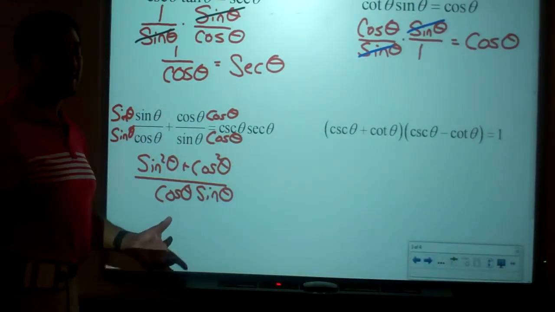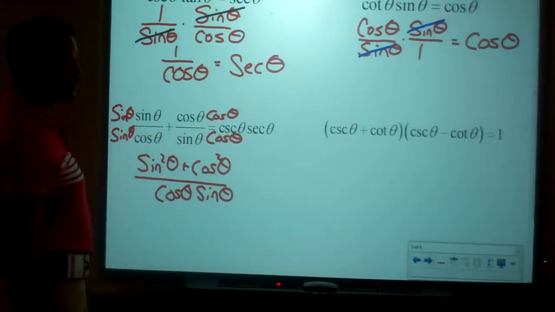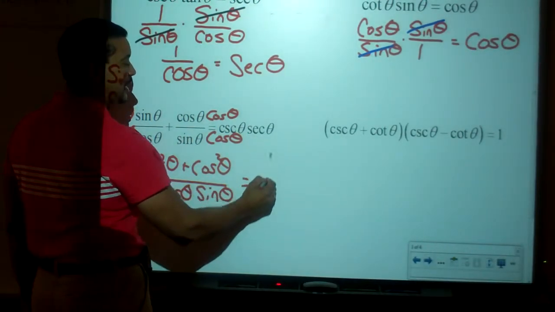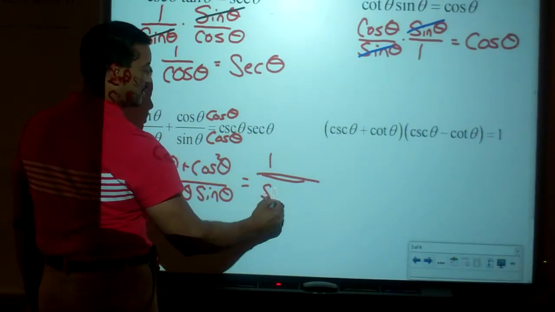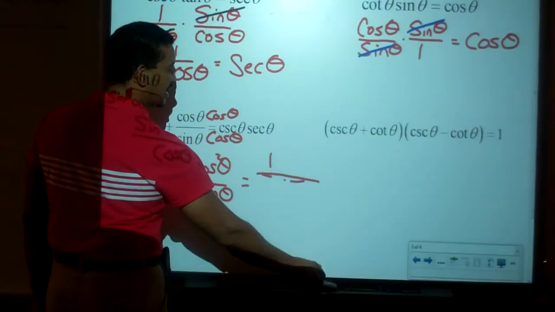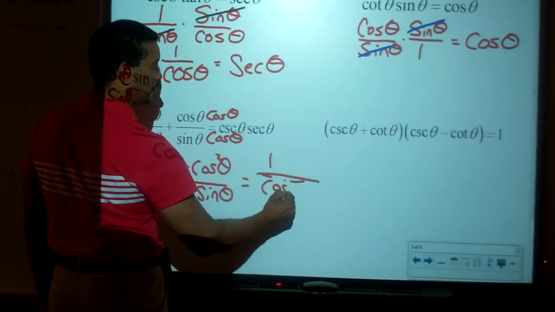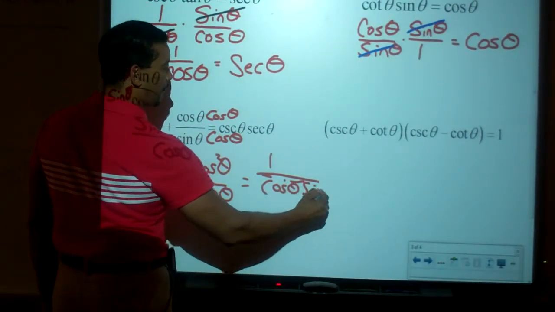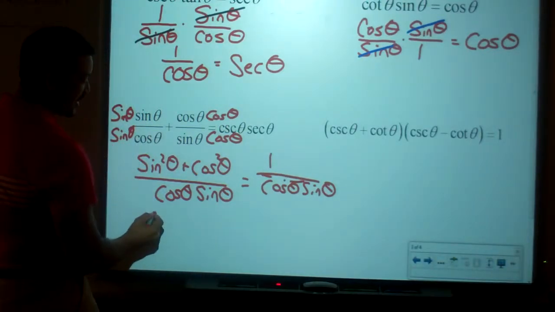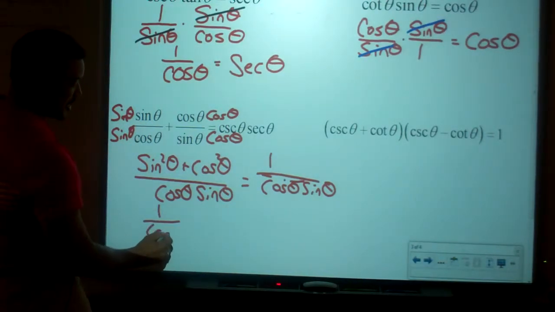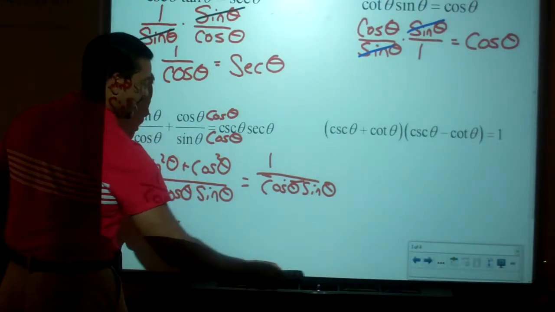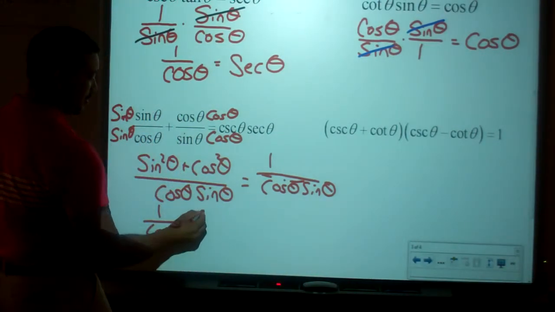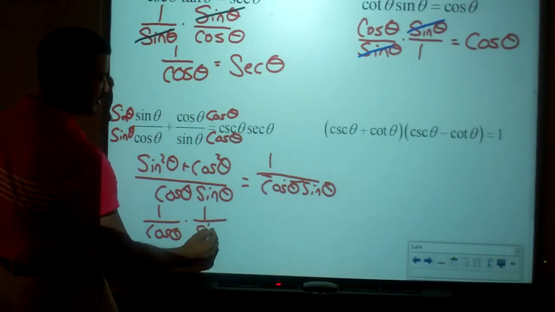Now if you look at your identities, sine squared plus cosine squared is one of your Pythagorean ones, and that just gives you 1. So I've got 1 over cosine theta sine theta. And if we were to separate this, that would be 1 over cosine theta times 1 over sine theta.